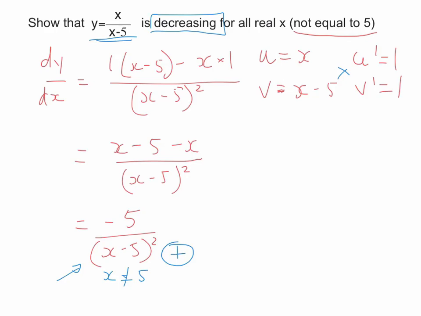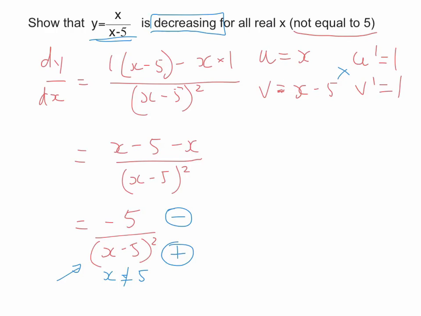But for anything else, our denominator is going to be positive because if I put in 4, if I put in 6, if I put in 0 for x and I square that, I'm still going to end up with a positive number. If I put in a very large positive, a very large negative, a very small positive or negative, I'm still going to end up squaring that so I get a positive number. And my numerator will always be negative.